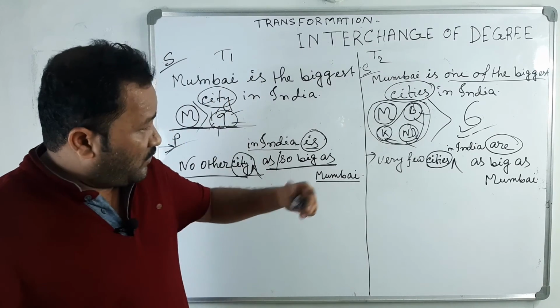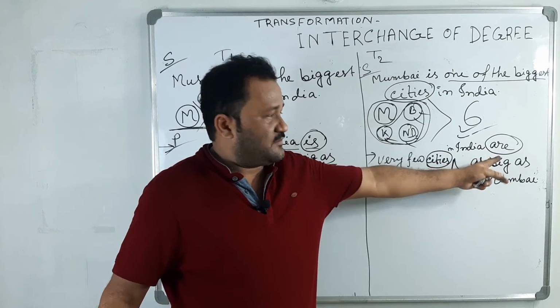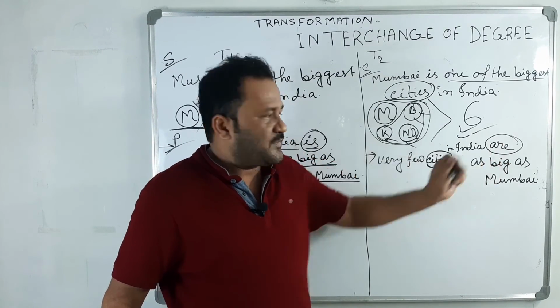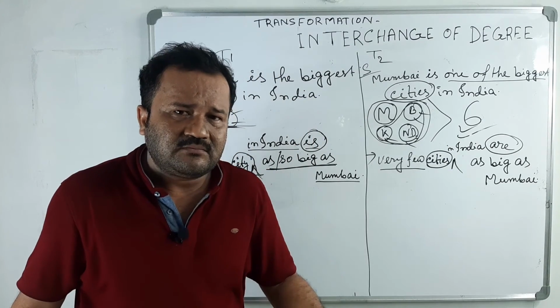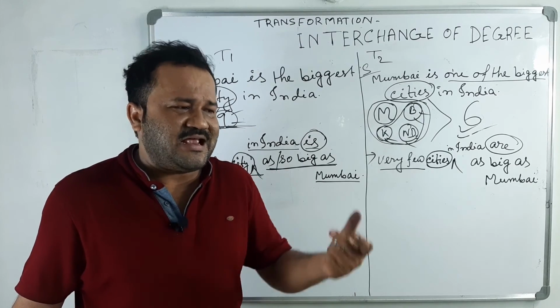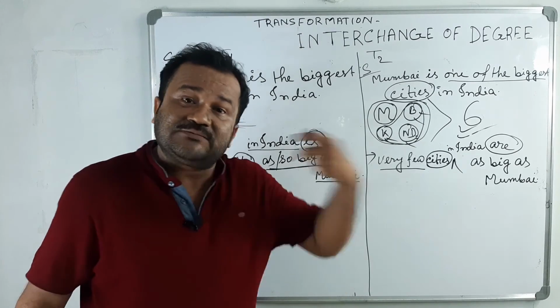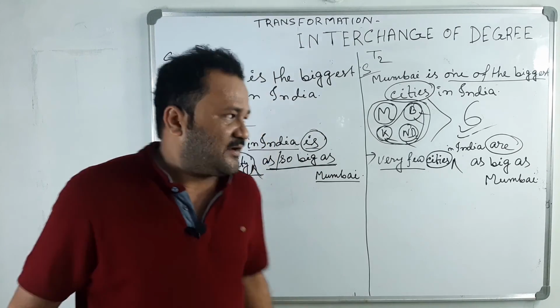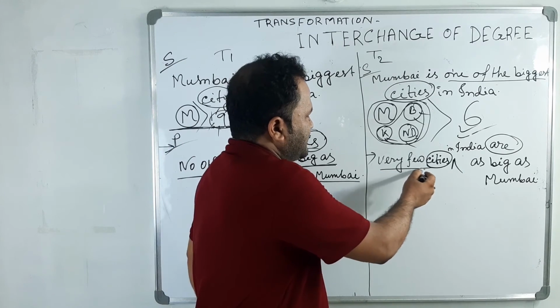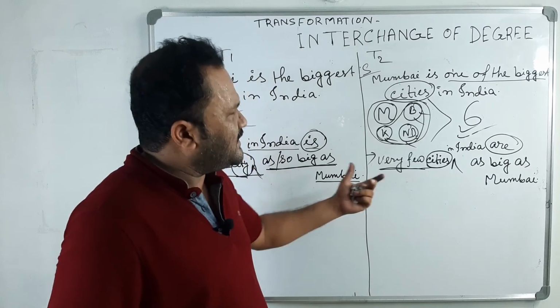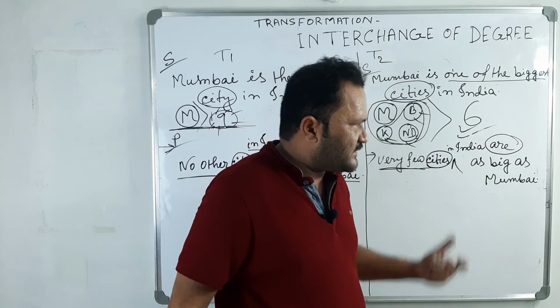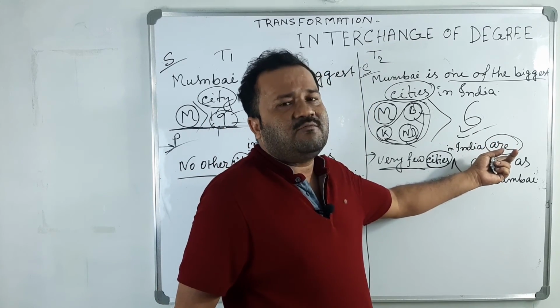Okay. Now why is it plural and why does it actually take a plural verb? Because very few means more than one. Very few means, yes, very few, but that is more than one. That means the subject must be in plural, and of course, it takes plural verb.